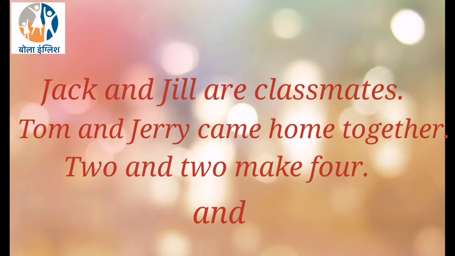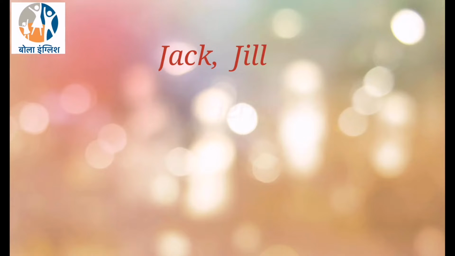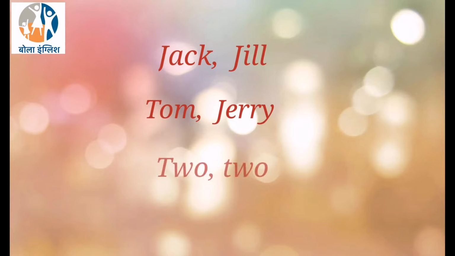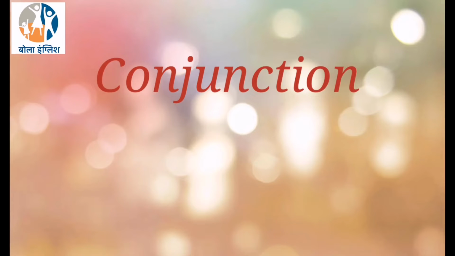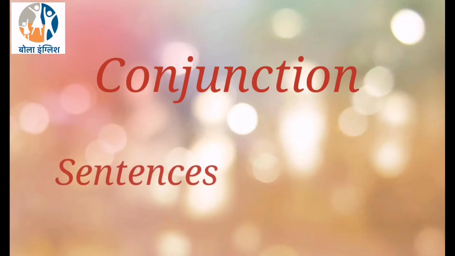In the first sentence, it joins the two words Jack and Jill. In the second, Tom and Jerry. And in the third, 2 and 2. Thus we can say that a conjunction is a word that joins sentences and sometimes words.